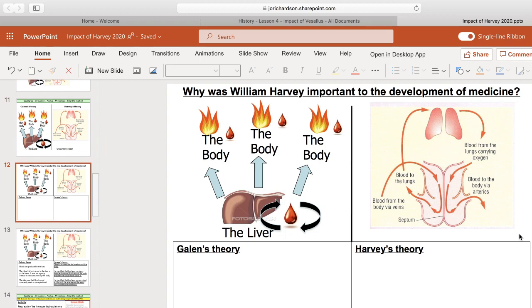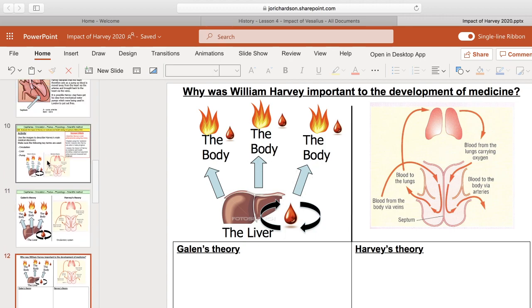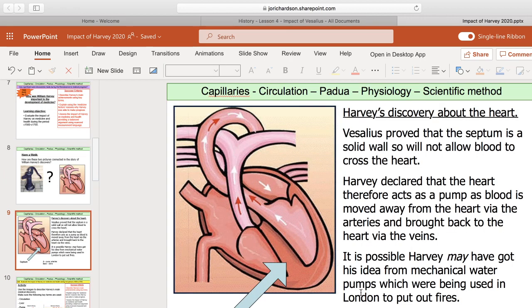It's the idea, obviously, being circular, that the blood is coming back. And that's exactly what we know, and it's what I mentioned previously, that the blood goes away from the heart via the arteries and comes back via the veins.